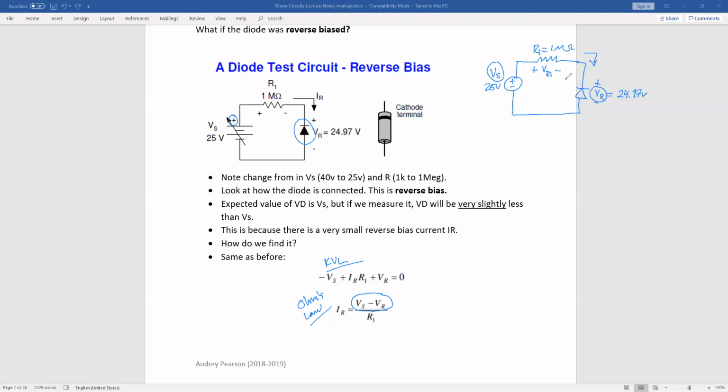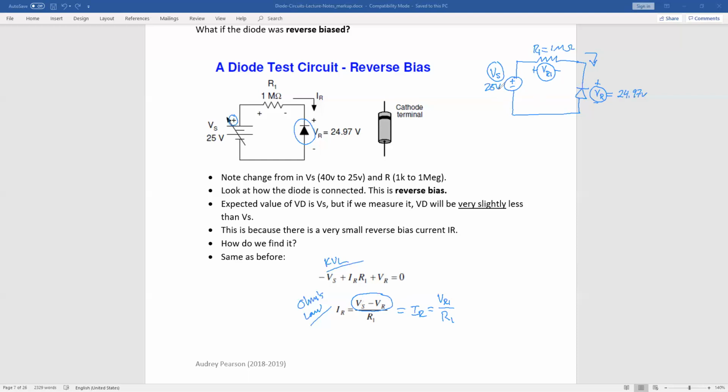And that will leave us with, using Kirchhoff's voltage law, this voltage right here. So what we're really doing is just using Ohm's law to find current through the circuit by dividing the resistor voltage by the resistor value.